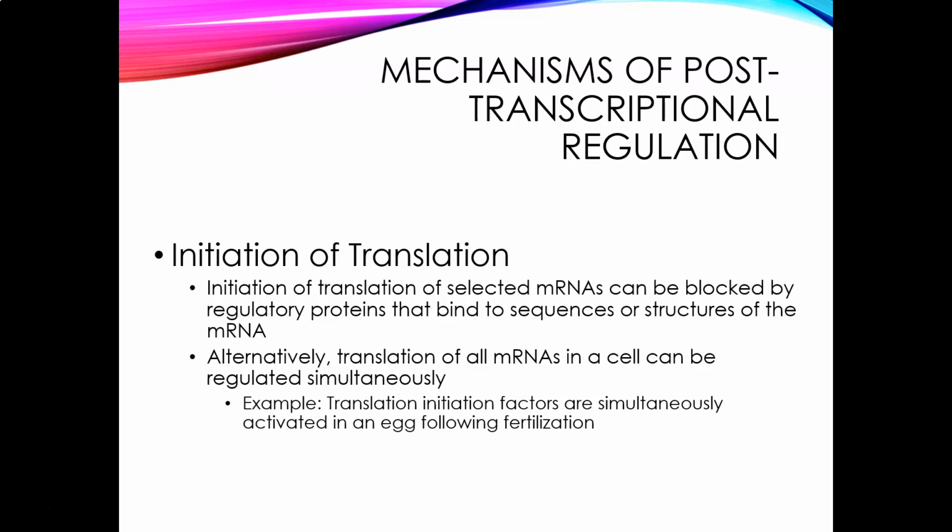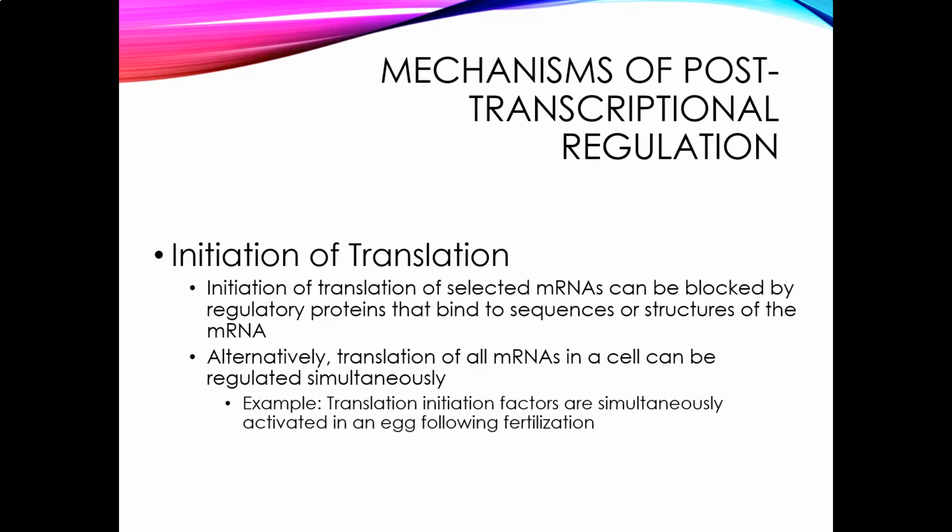Alternatively, the translation of all messenger RNAs in a cell can be regulated simultaneously. So I can target certain mRNAs and block them with regulatory proteins, or it's also possible to regulate all messenger RNAs at once. A great example of that sort of regulation happens by a translation initiation factor that simultaneously activates in an egg following fertilization.